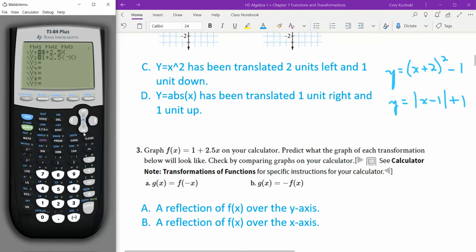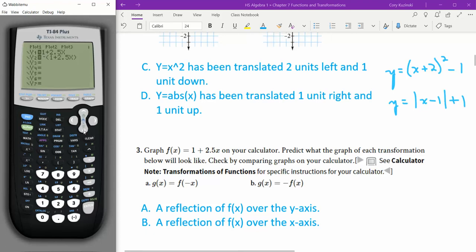This one's a little bit different because we're actually taking the opposite of the whole thing. The opposite of 1 plus 2.5x. The opposite of the whole thing. So there's the original, and there's the new. So it's been reflected over the x-axis.